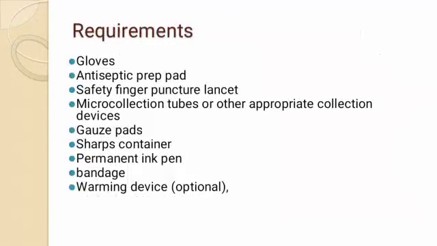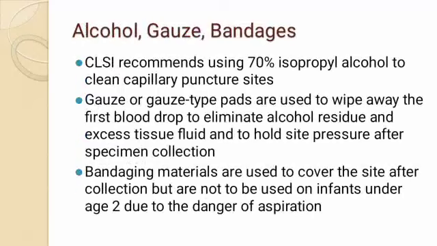Requirements: gloves, antiseptic prep pad, safety finger puncture lancet, microcollection tubes, gauze pads, sharp container, permanent ink pen, bandage, warming device. Alcohol, gauze, bandages. CLSI recommends using 70% isopropyl alcohol to clean capillary puncture sites.